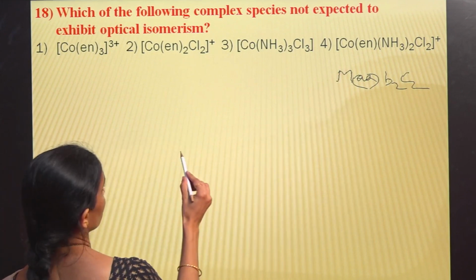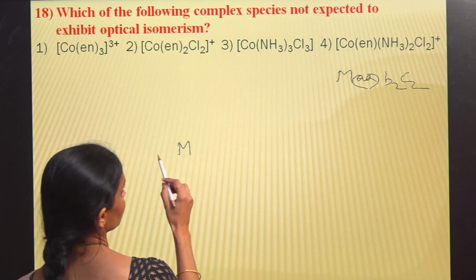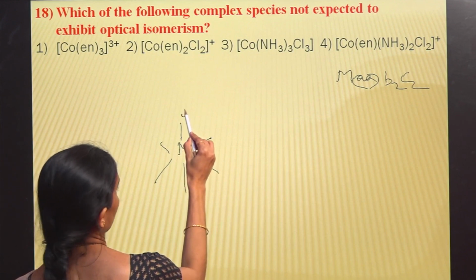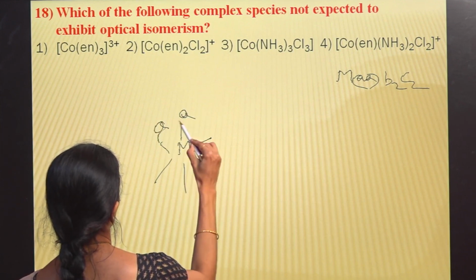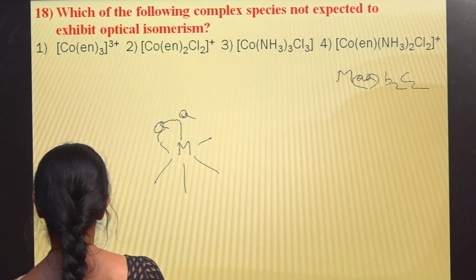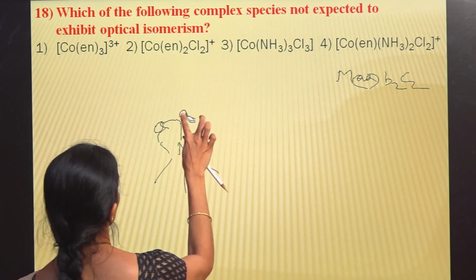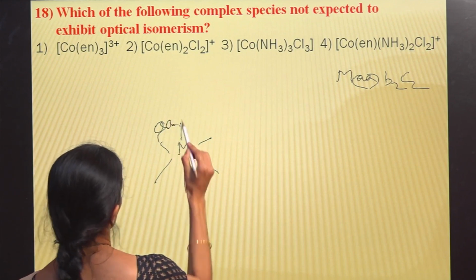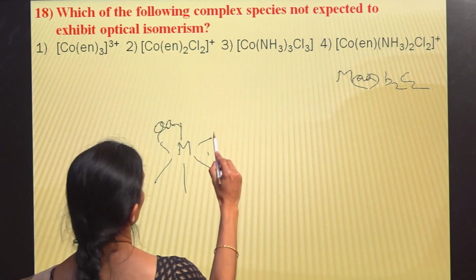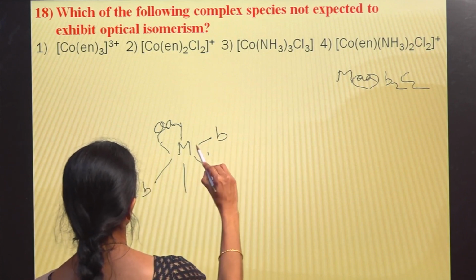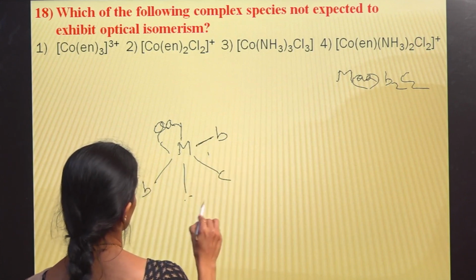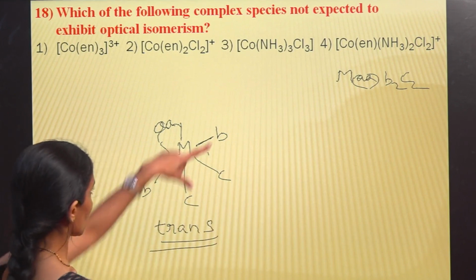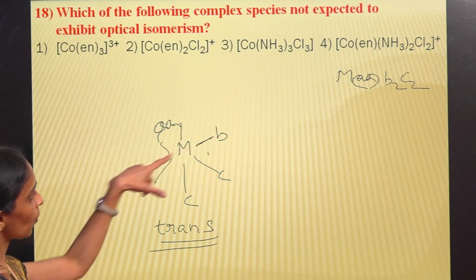Now, if you write the structure, this is AA, and B and B here along this axis, C and C here. This is actually the trans form of the molecule. Two B's are on the opposite side of the metal.